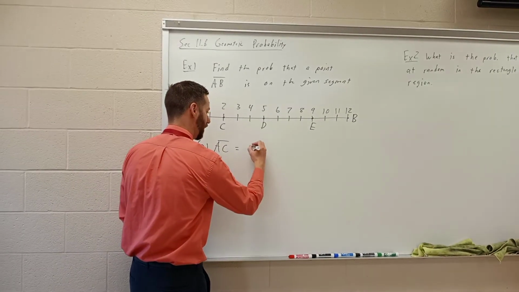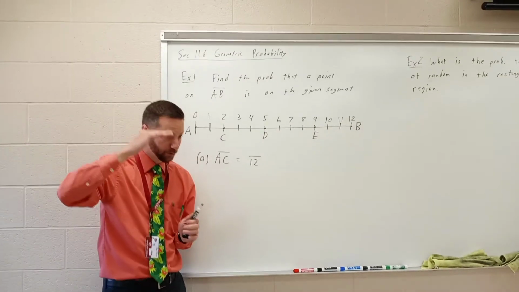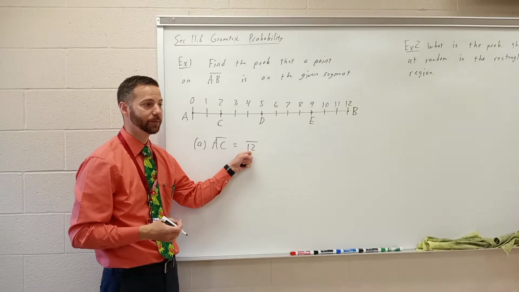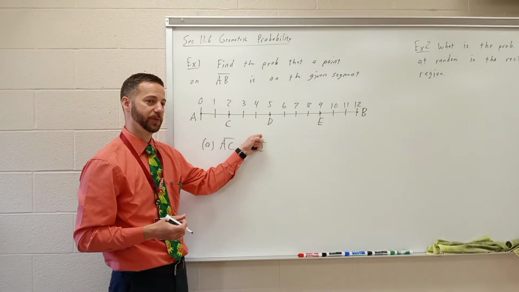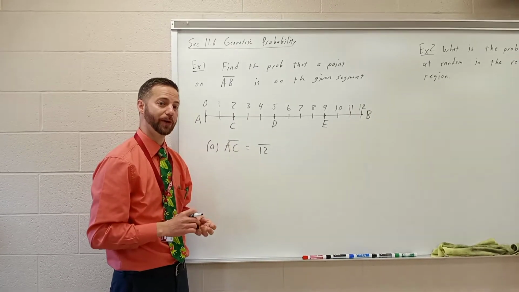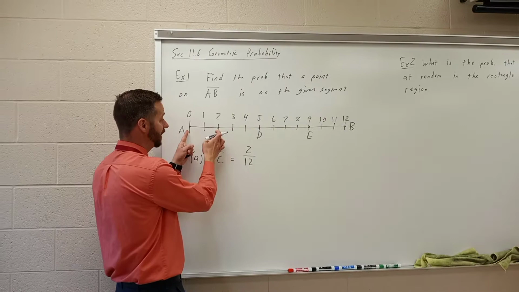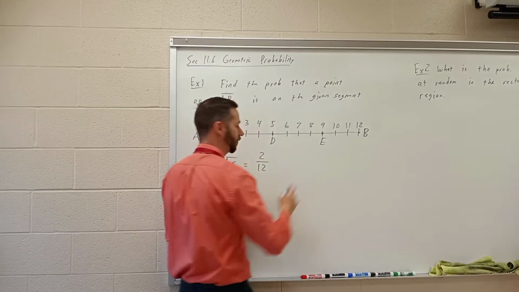And so remember, the way probability works, it's what we want over total possible outcomes. Total possible length we have to pick from is 12, right? So that means what we want would go on the top. So what's the length that we're looking for here? 2. So that means, do you notice AC, that's 2 units long, right? And so we have 2 out of the 12 to pick from.